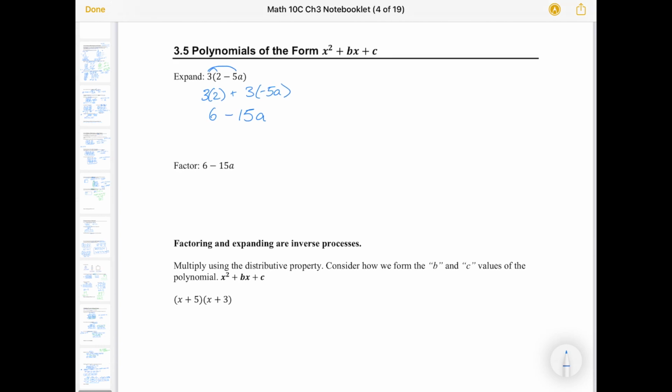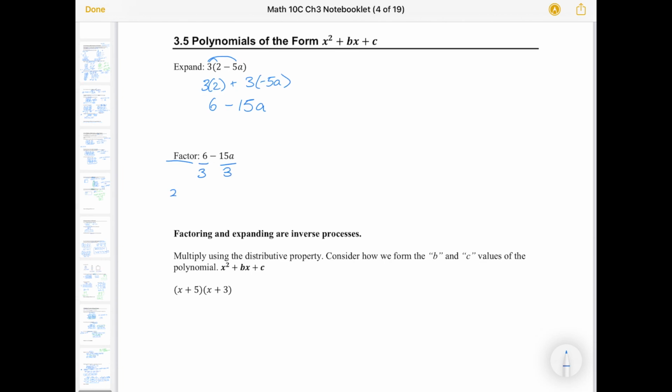Okay, and on this side, I'm factoring it. So I'm looking for my greatest common factor of these terms, and both 6 and 15 can be divided by 3.